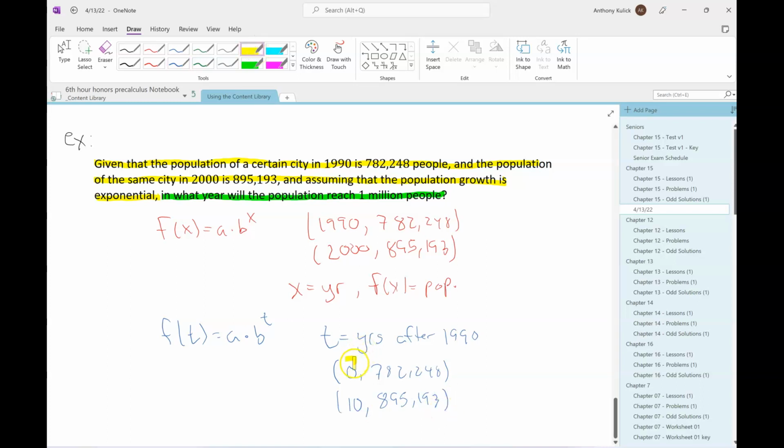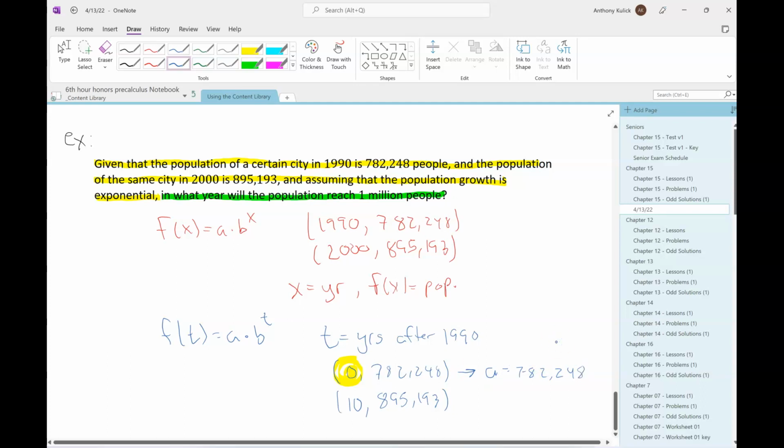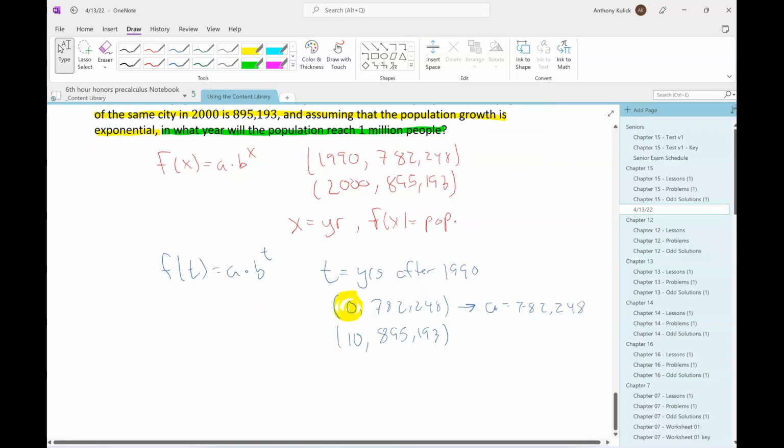And you can see, hopefully, the big advantage here is that because the x-coordinate here is 0, I get the a value strictly for free. Is everybody okay with what I've done here? I wrote a lot of stuff out because I don't want this to feel like some super sneaky trick that I'm doing.